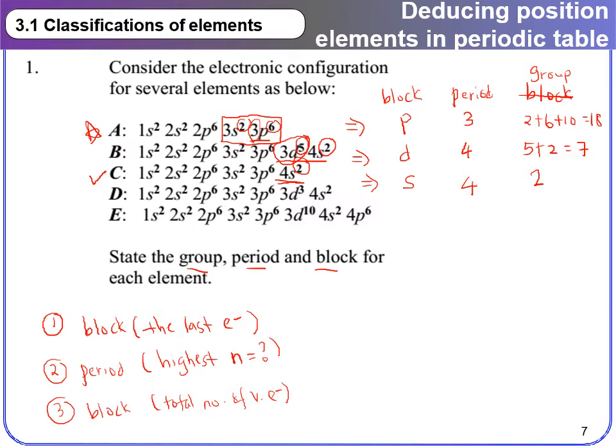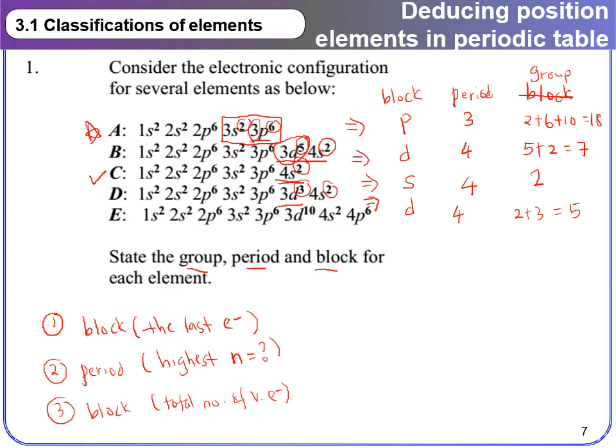Next, element D. The last electron is filled into the 3d orbital, and the highest energy level is n equal to 4. The number of valence electrons is 3 plus 2, which equals 5. Since element D is a d block element, we do not need to add another 10.